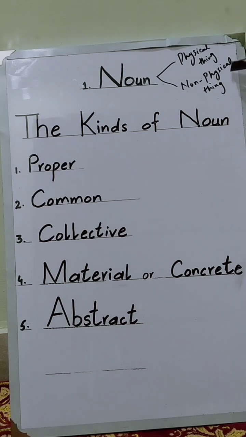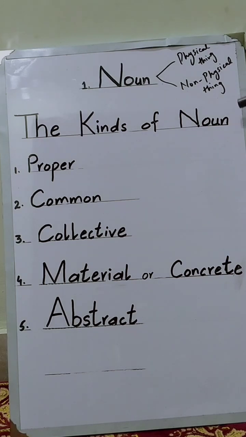Some examples of non-physical things are wisdom, love, bravery, joy, courage, kindness, hollowness, etc. From these examples, we may say that noun is something we can have. We can have a car, we can have love, we have the river Ravi in Punjab, etc.